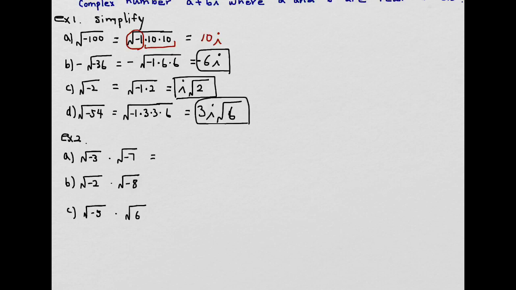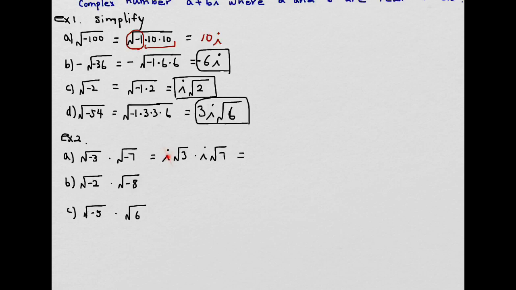So you need to first change it to the imaginary unit. When you change this, you get i square root of 3 times i square root of 7. Now you should be able to multiply.